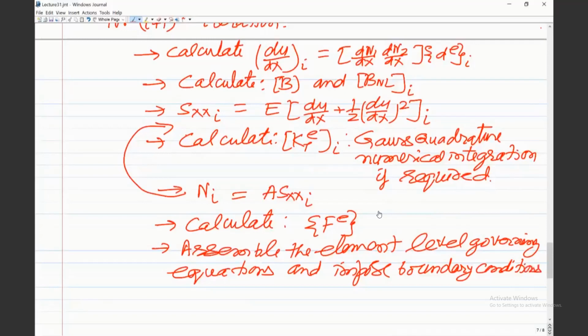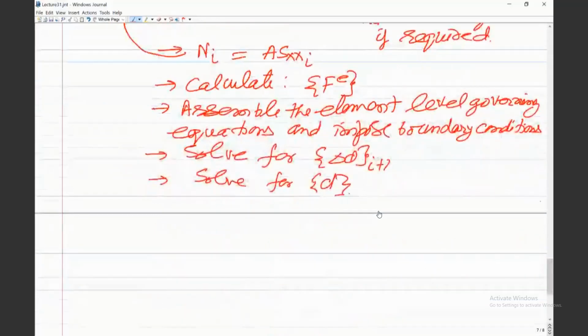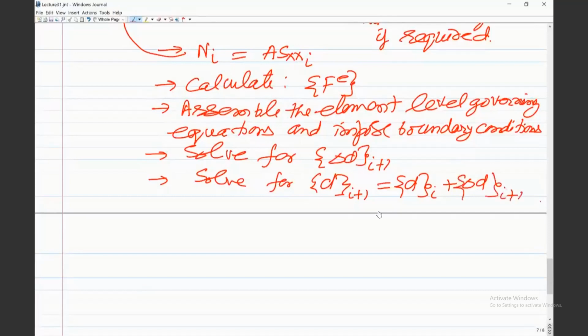Once you have done this, you will solve for delta D, the global incremental displacement vector i plus 1. And once you have solved for this, D at i plus 1 is equal to D at i plus delta D at i plus 1.